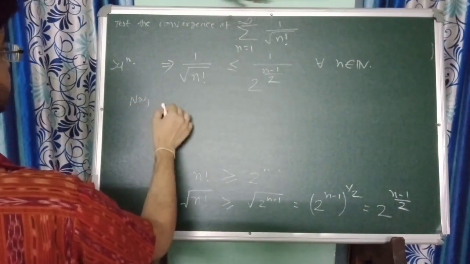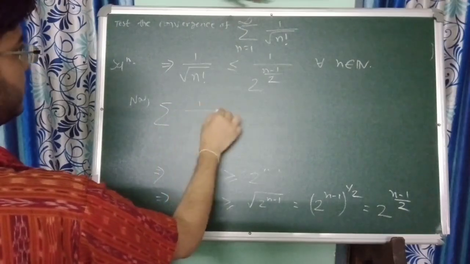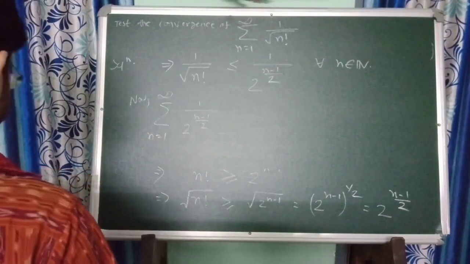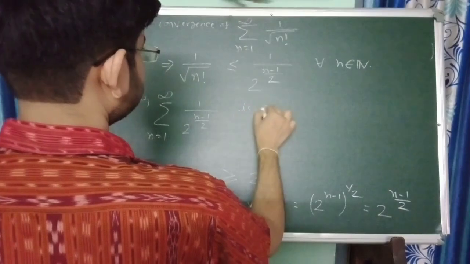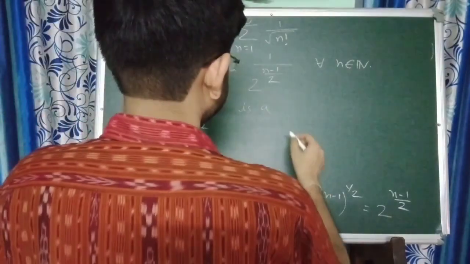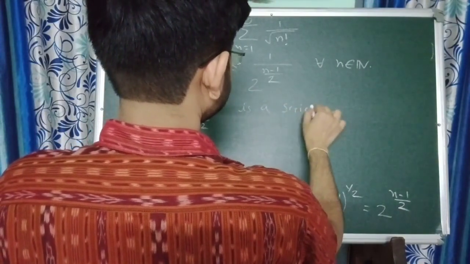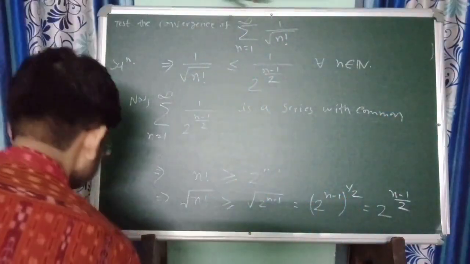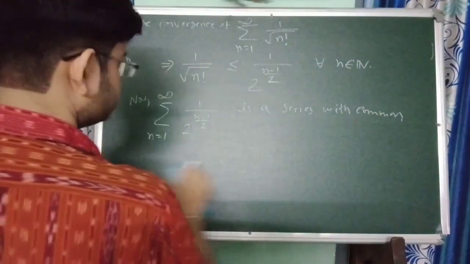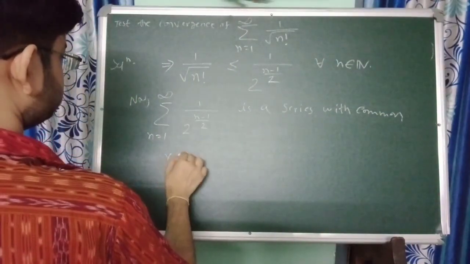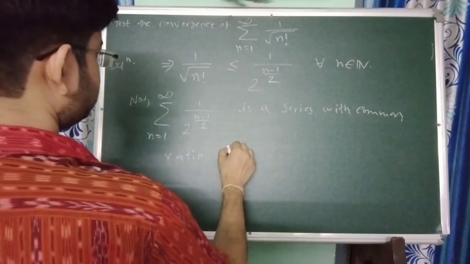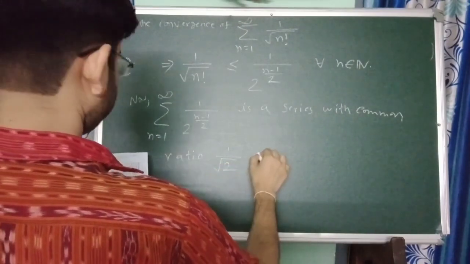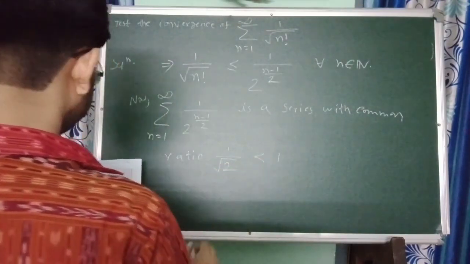Now consider the series summation 1 by 2 to the power n minus 1 by 2 from n equals 1 to infinity, which is basically a series with common ratio 1 by square root of 2, which is less than 1.